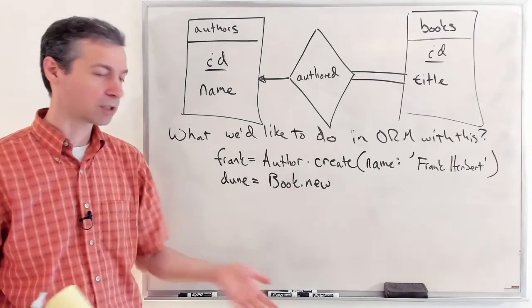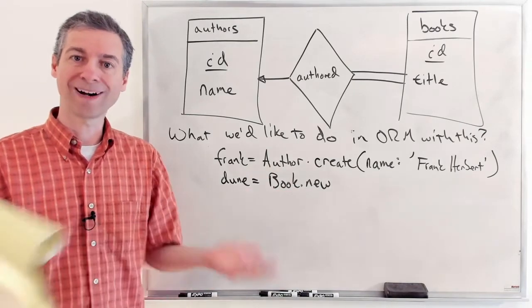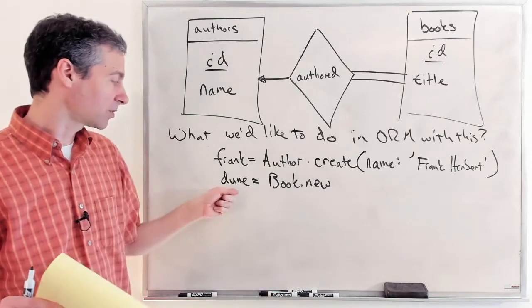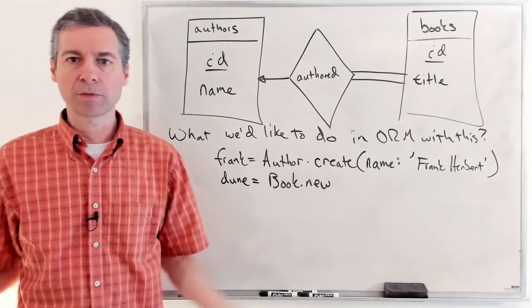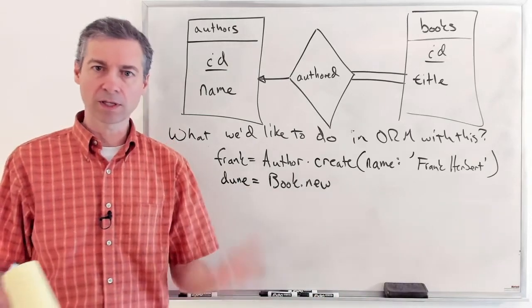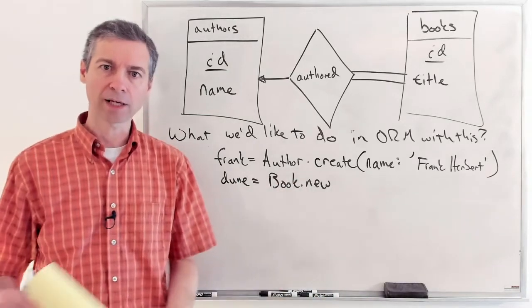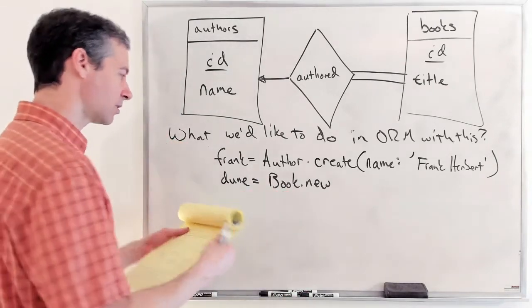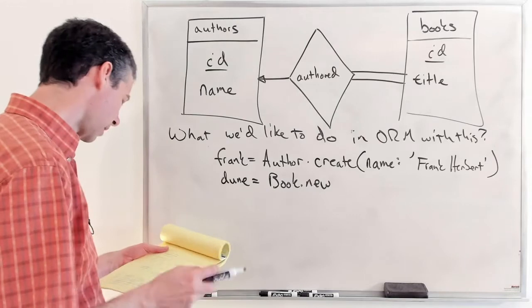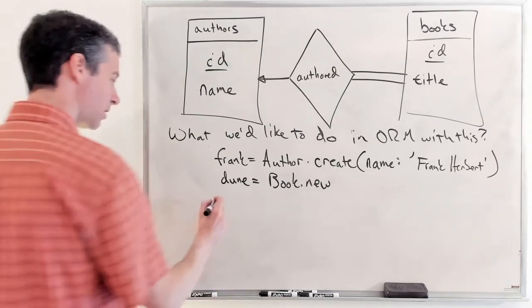So this is going to generate for us a book object that then we will save in dune, but we haven't done anything with the database. We haven't saved anything to the database. We just have a blank object ready for us to put stuff in with whatever the default initialization is for a book.